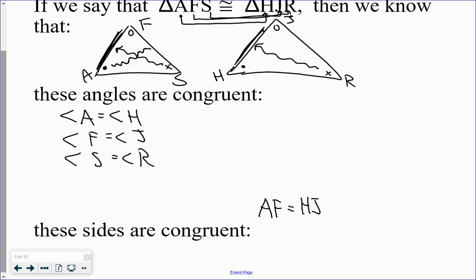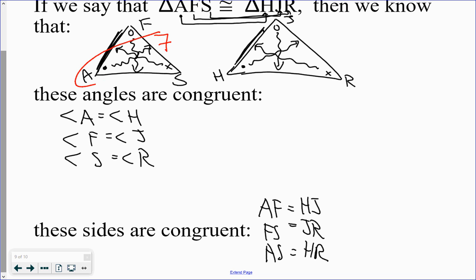Across from the closed circle is FS, and across from the closed circle is JR. And finally, across from the open circle is AS, and across from the open circle is HR. So for example, if I were to tell you this number here is 7, then you would automatically know that whatever is across from this is also going to be 7.